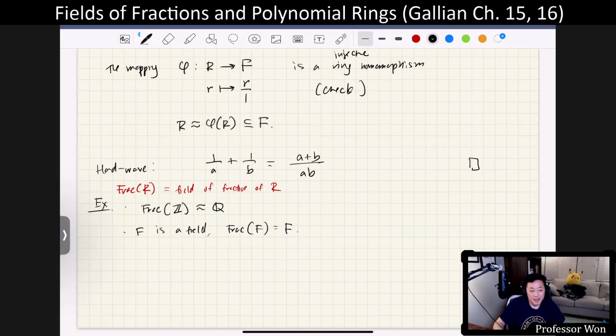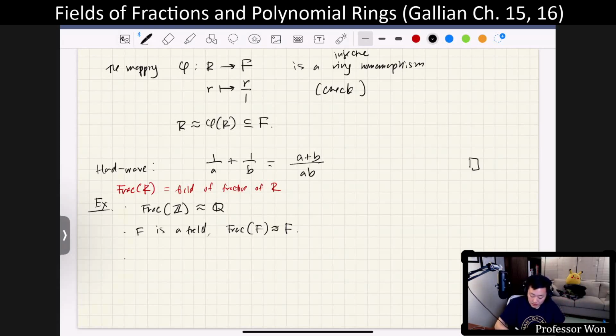But you can show directly that if you take this set of equivalence classes, you actually just get something that's isomorphic to F again. So it's in the tentative problem set exercises. I may assign it, I may not.